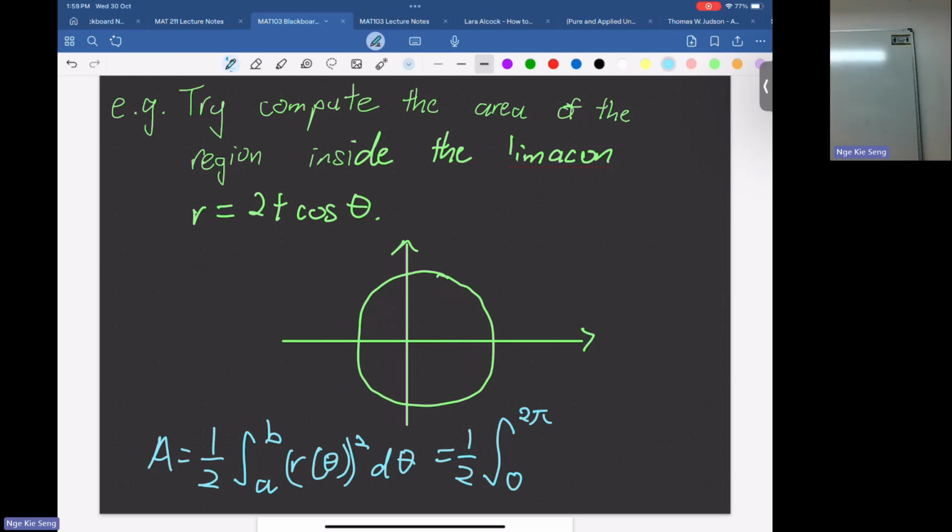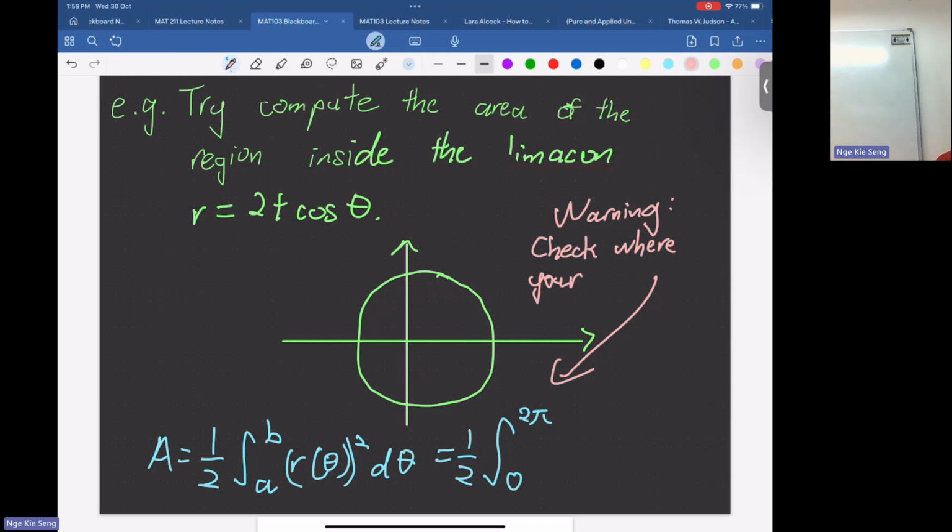Because sometimes your curve will end earlier or end later, depending on your parameterization. So you need to be careful here. So a warning: especially when you do exercises in the textbook, check where your curve starts and ends. Sometimes they start earlier, sometimes they end earlier, sometimes they end later.